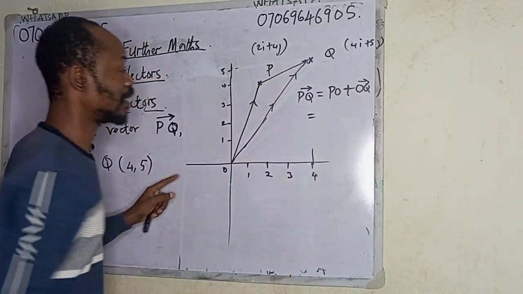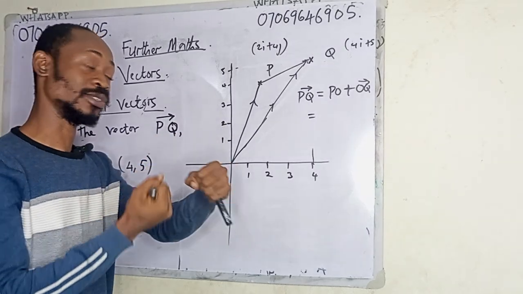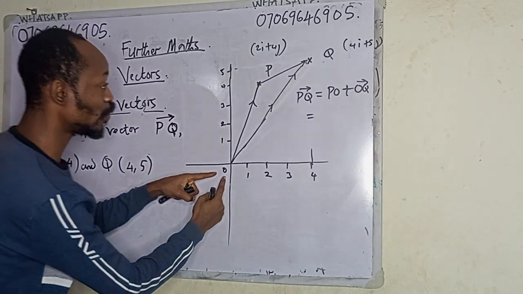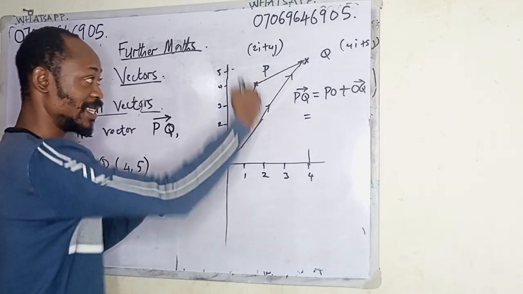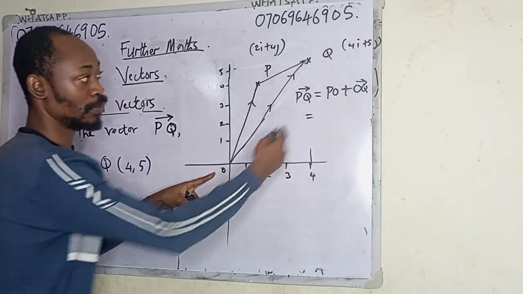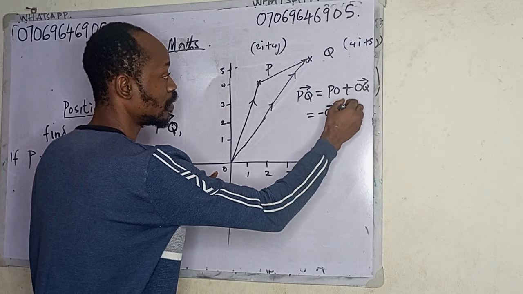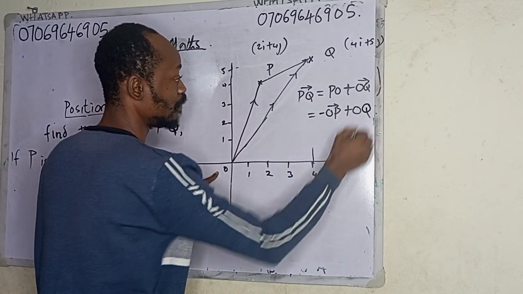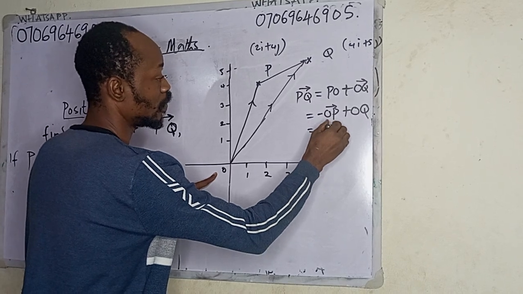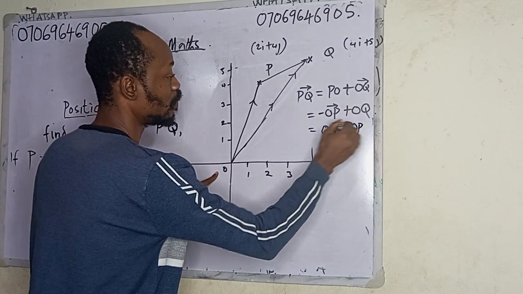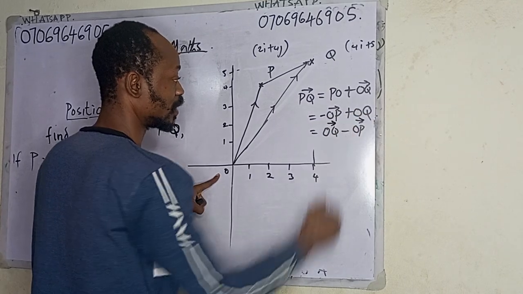And PO is just the same magnitude but the opposite direction of OP. OP goes up, PO we have to go down. So PO is going to be negative OP. So negative OP plus OQ is still the same thing. That means you can write this as OQ minus OP. That's the vector sign there.